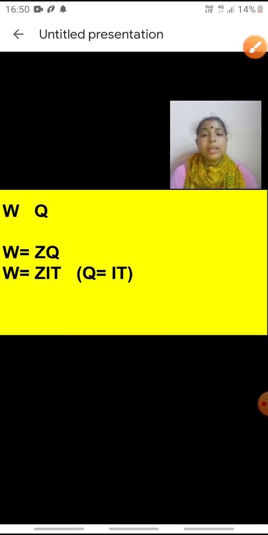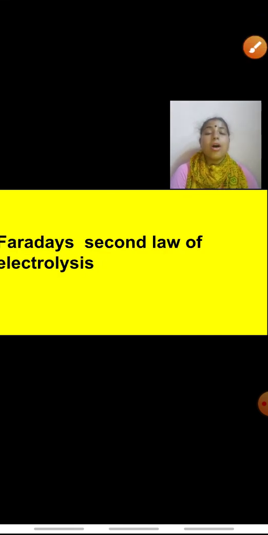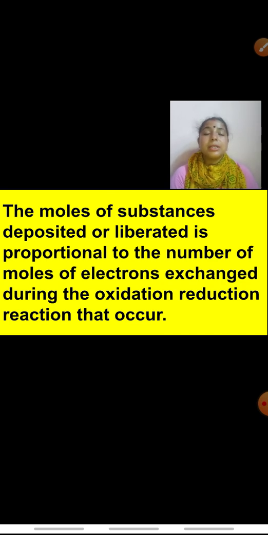Now continuing with the second law of electrolysis. Actually both laws are related to the same thing, so it will become more clear. In the first law we were talking in terms of weight of substance deposited. Now in the second law we'll be talking in terms of moles of substance deposited.